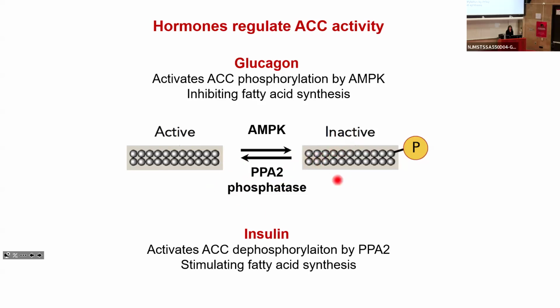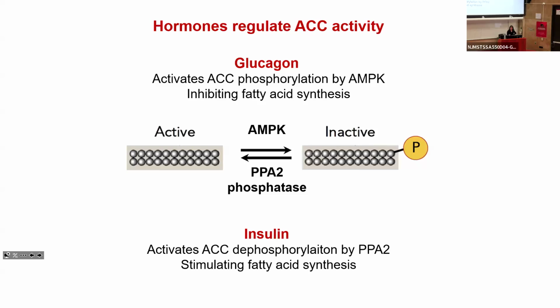There's another phosphatase that's going to sense ATP levels are high. Now we can take the phosphate group off inactive ACC and turn it on so that now we can make fatty acids. And the reverse is true for glucagon. Glucagon is when you need glucose, because it's in short supply.